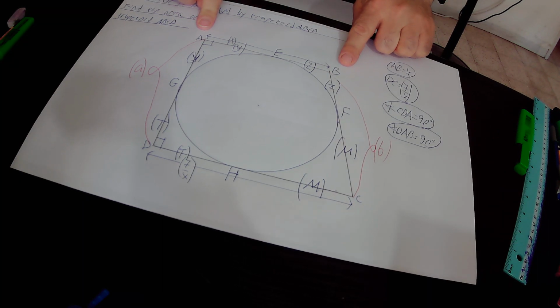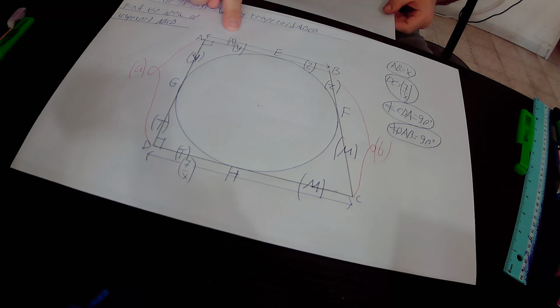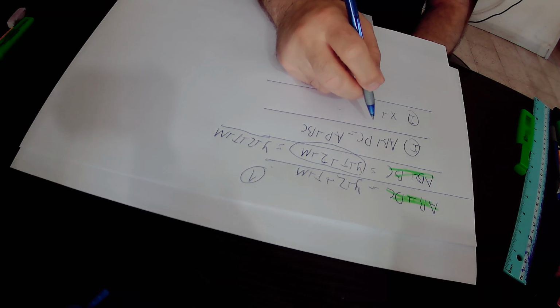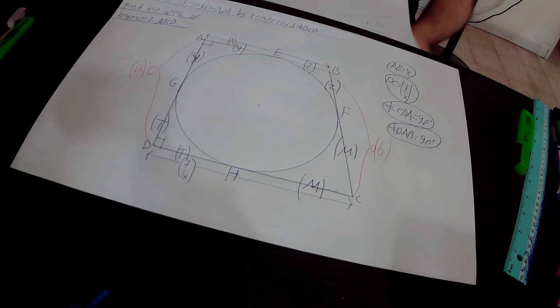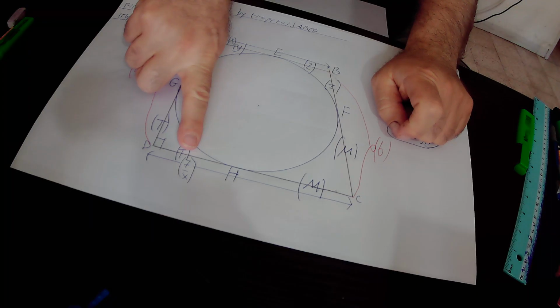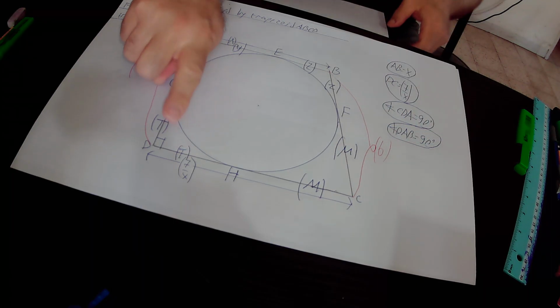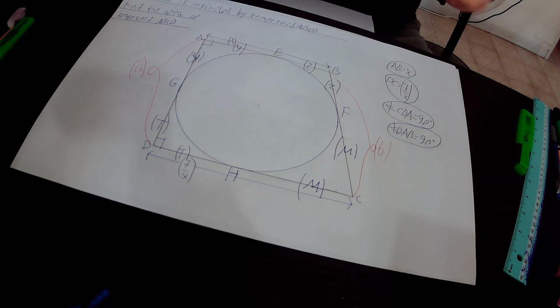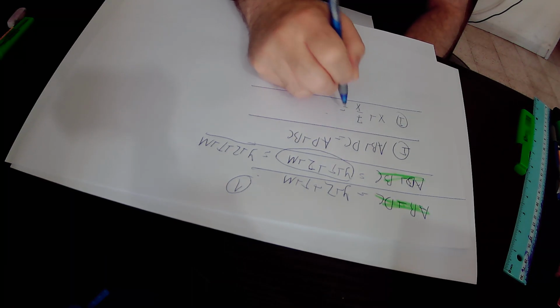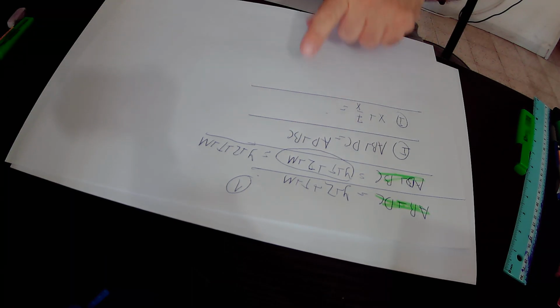AB equals x according to what is given, so we substitute AB by x, plus DC. DC equals 7 over x according to what is given, so we substitute DC by 7 over x, and it equals AD plus BC.